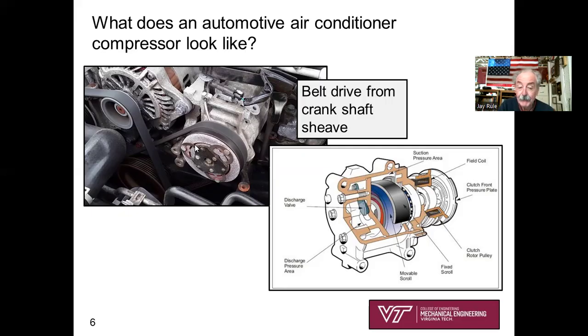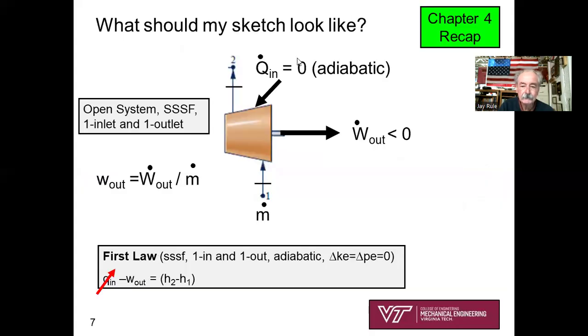That's what's providing the power to run the compressor. And so there's the compressor underneath your hood for your automotive air conditioning system. As I look at the labels on this cutaway view, I see that this would be considered a scroll compressor as well. Not positive displacement, but a scroll compressor.